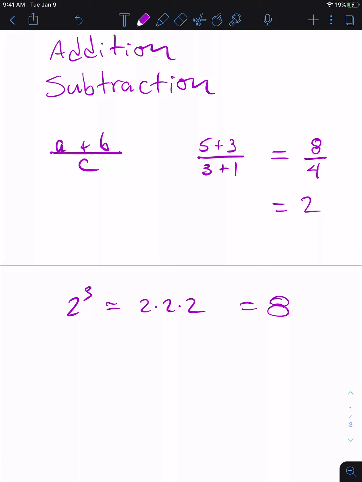So grouping symbols, then exponents, then multiplication and division. And I like to say those together because division is multiplication of the reciprocal. Now we'll get into that in a little bit, but we're talking about multiplication and division, and typically we go from left to right in the order that we see them in the expression, and then followed by addition and subtraction.